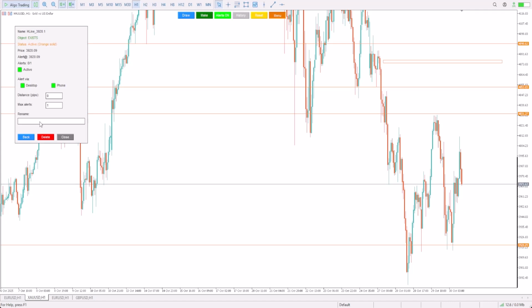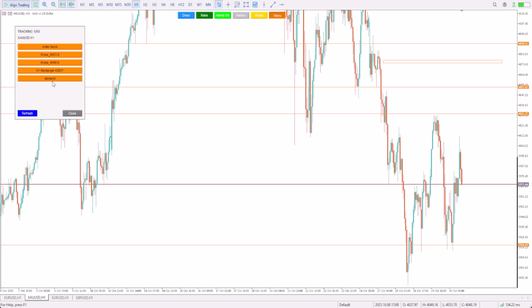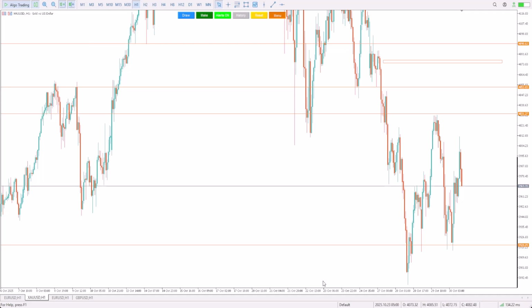Let's name that Demands. Someone might type Supply, this is an example. You see it here, very easy and organized to recognize.